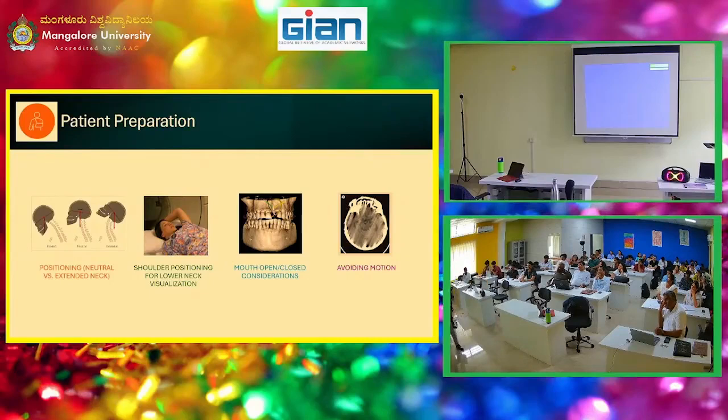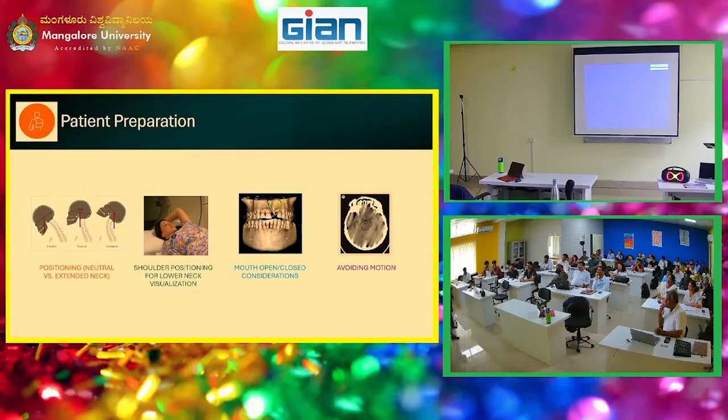Even shoulder positioning, if the mouth is open or closed, like this is just silly, if you're in the medical field, you'd be like, oh, come on, I know that. But for you engineers, you may not be thinking of these things, right? Or even if you bite down on your teeth, you actually bunch up your muscles here. And that changes things. That will change structure.